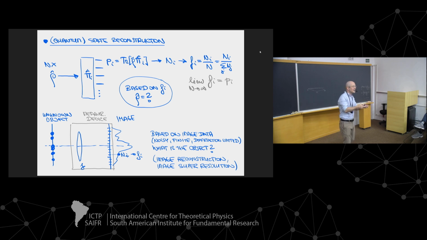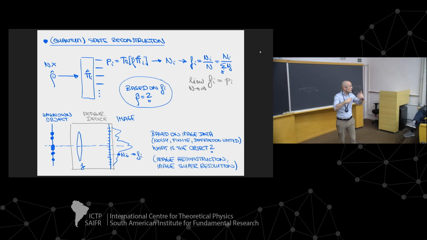In principle, you can say, okay, but here my unknown quantum state is parameterized by some real parameters. So why not use multi-parameter estimation, and then what is the difference between estimation and quantum state reconstruction? But let's keep this for further discussion.